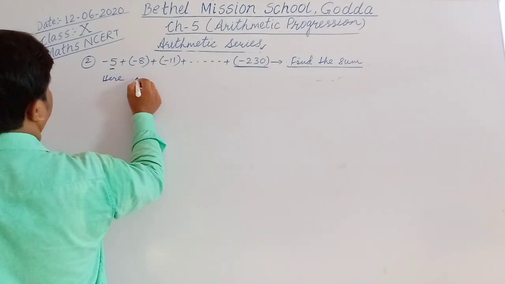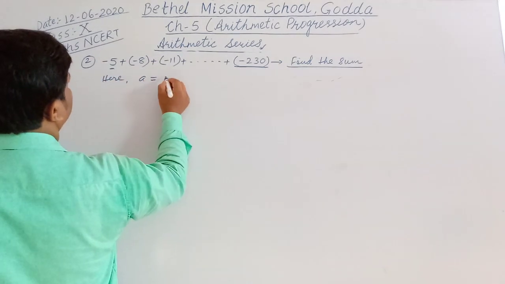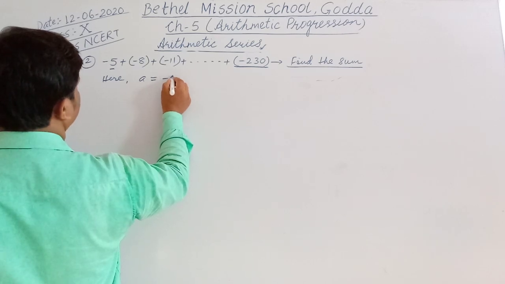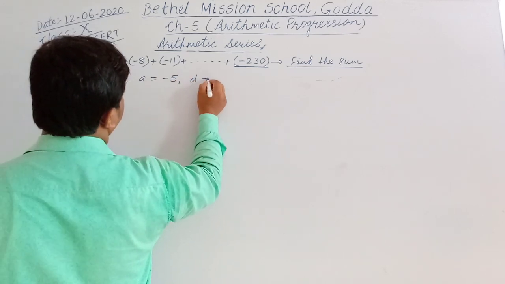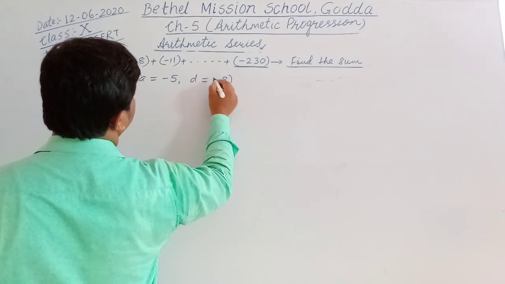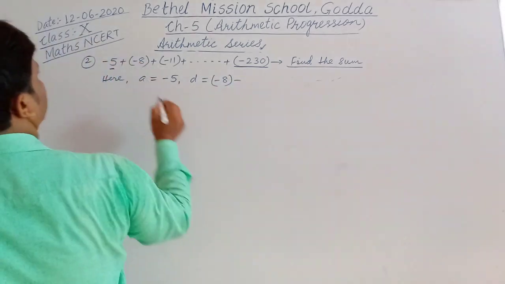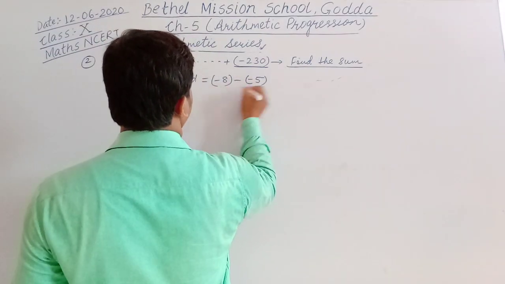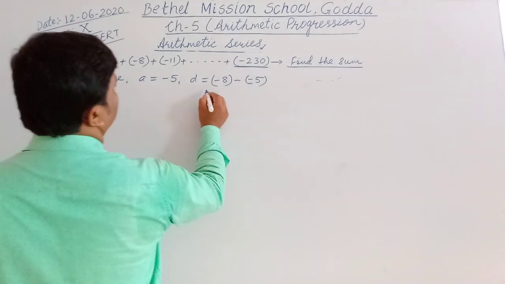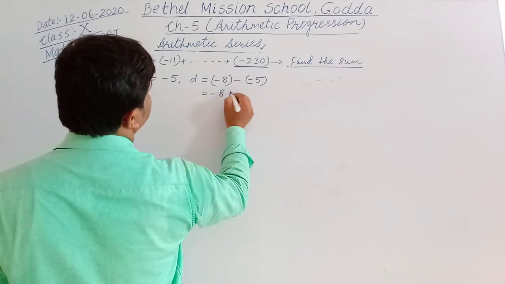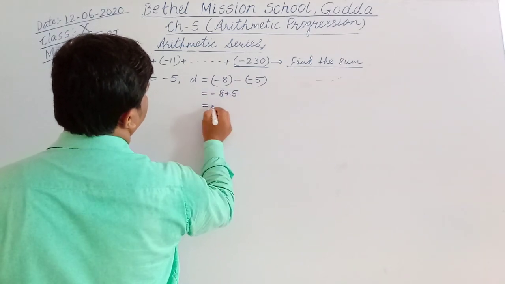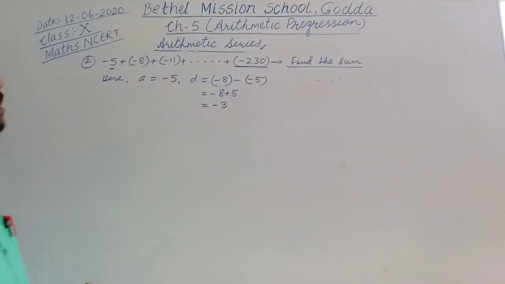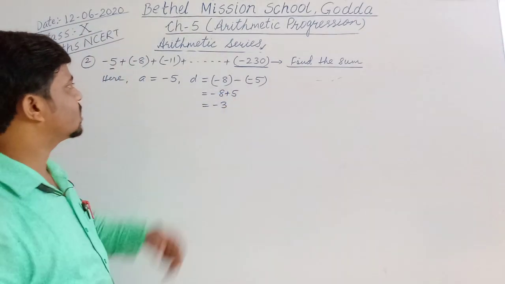So here A equal to -5, and D equal to -8 minus (-5), which is -3. So the common difference is -3.